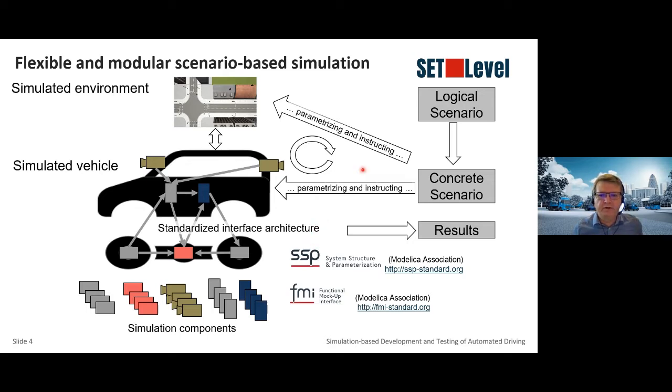And what I want to mention also here is that we have some interrelation, of course, between this environment and your ego vehicle. We will come into this later on. I just want to mention it for the later slides.